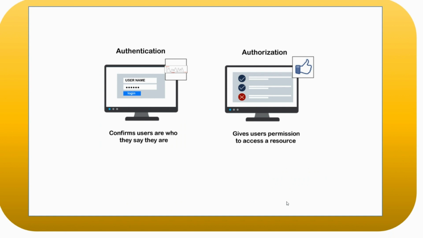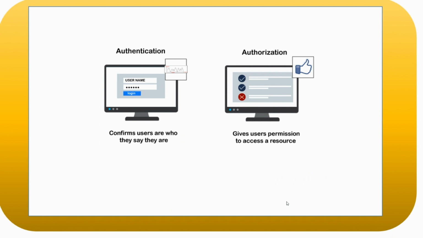If my password is right, it allows me to log in. If my password is wrong, it doesn't allow me to log in. This type of entry point check we call authentication. When you enter a username and password, it will cross check behind the scenes, and if it is correct, it allows you to log in to the application. That is called authentication.